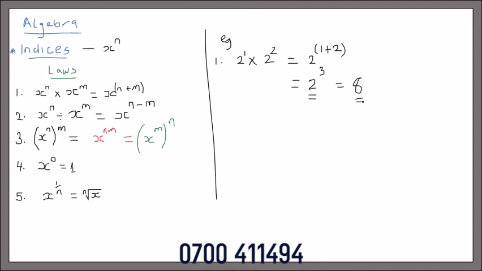I want to look at another thing that students get wrong, where they forget some rules or interchange them. Please, this one in red is not true. If you have x to power n plus x to power m, this is not right.